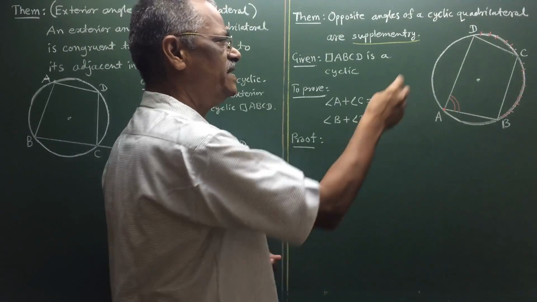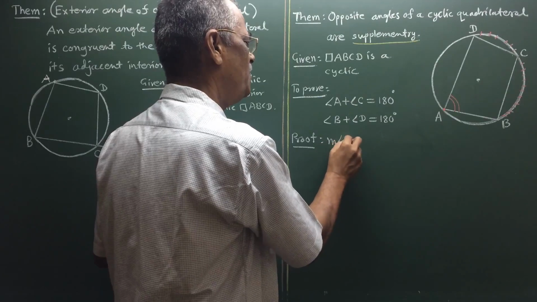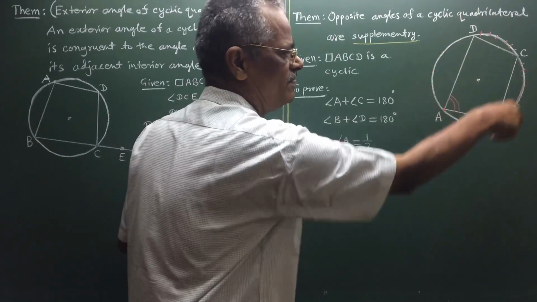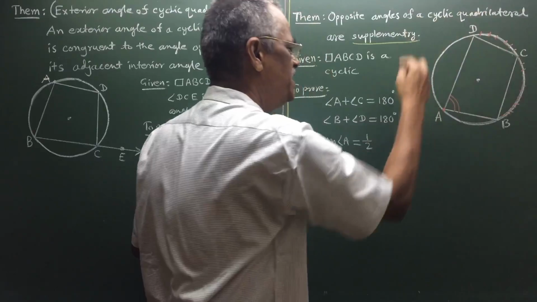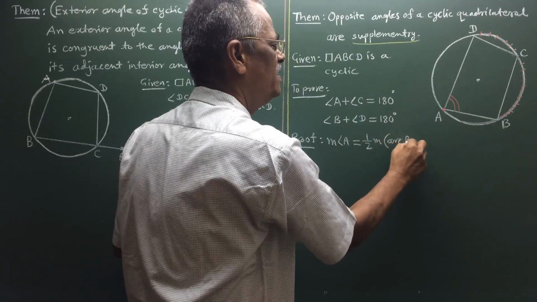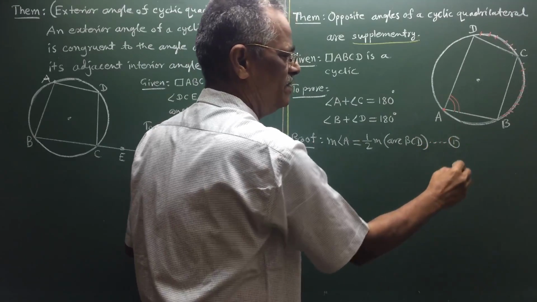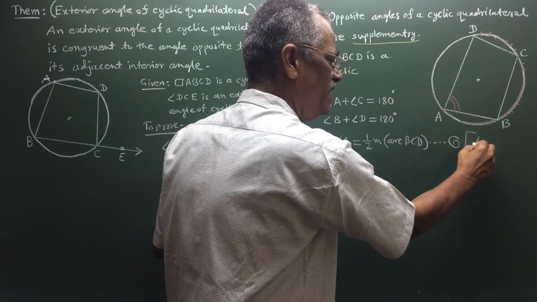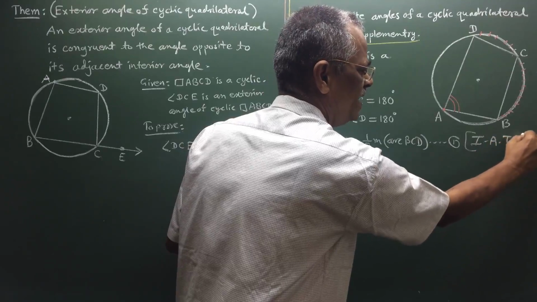So we can write the measure of angle A. What is that? Measure of angle A is half the measure of arc BCD. By which theorem? Inscribed angle theorem.